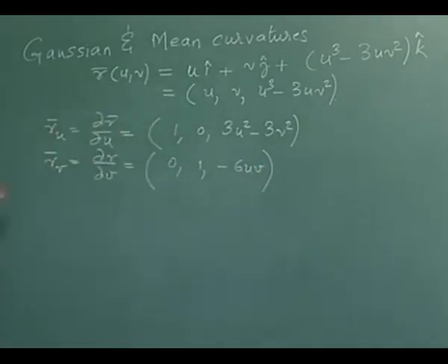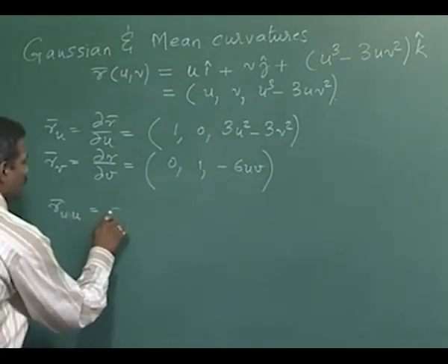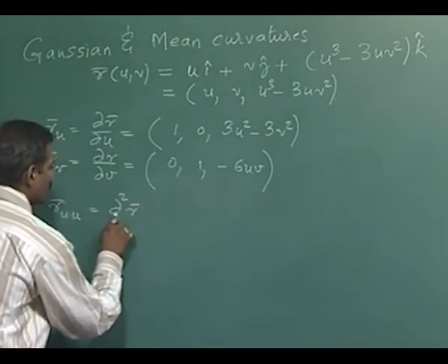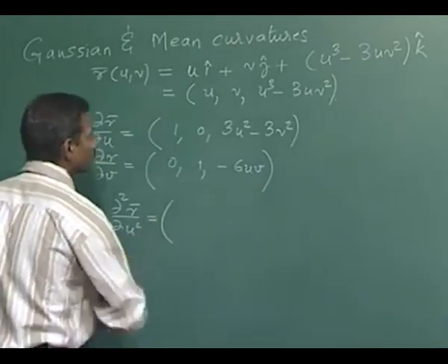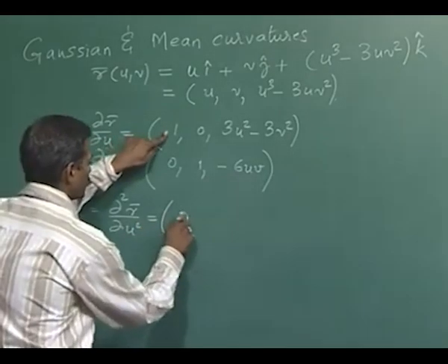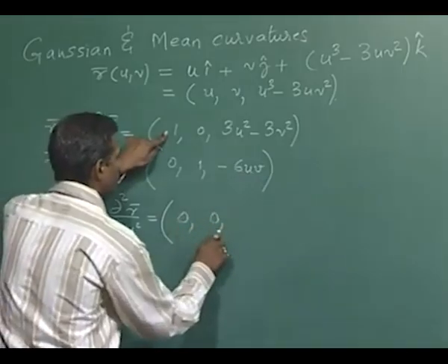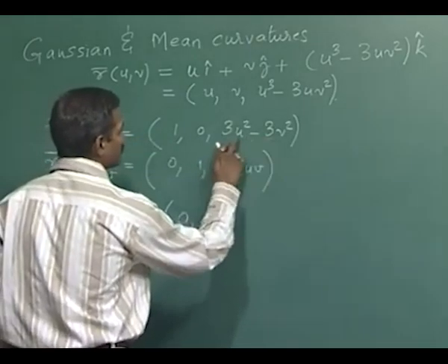We would need the second partial derivatives as well. Let's try to compute them. So r uu equals partial 2 r over partial u squared, which will be equal to (0, 0, 6u), the derivative of this expression with respect to u.